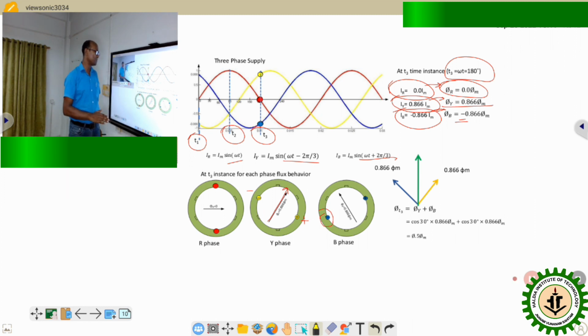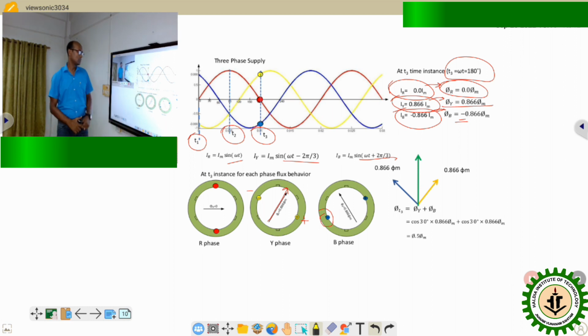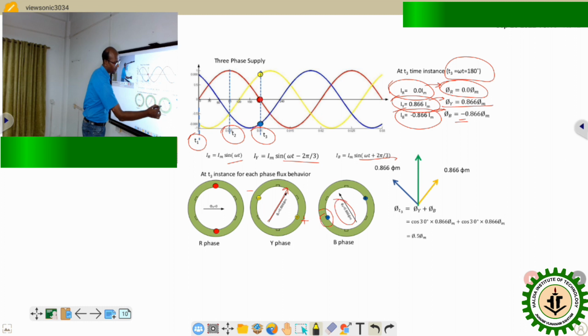So the direction of flux will be upward. This is my forefinger pointing outward from that minus, and the thumb represents the direction of flux. Again, I am not mentioning the sign because I already took it as minus and plus.